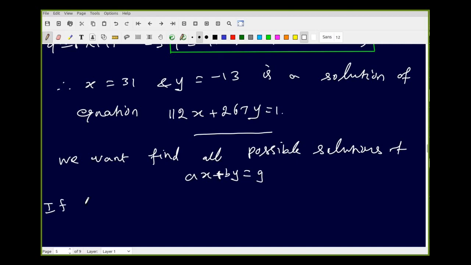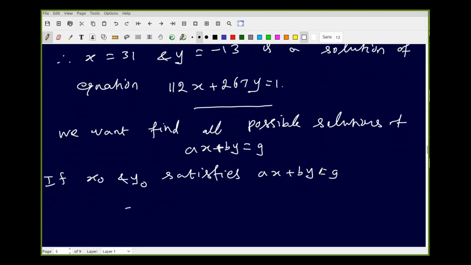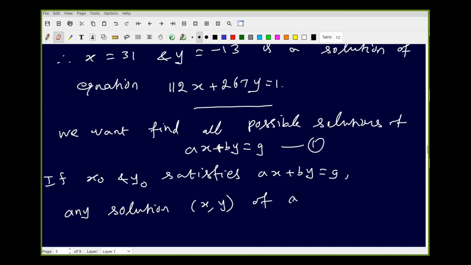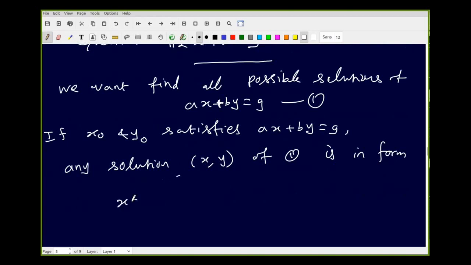If x naught and y naught satisfy the Bezout identity, that is, satisfy ax plus by equal to g, then any solution x comma y of this equation is in the form x equal to x naught plus k b by g, y equal to y naught minus k a by g.